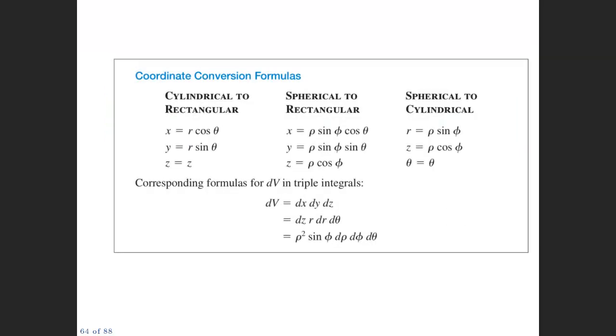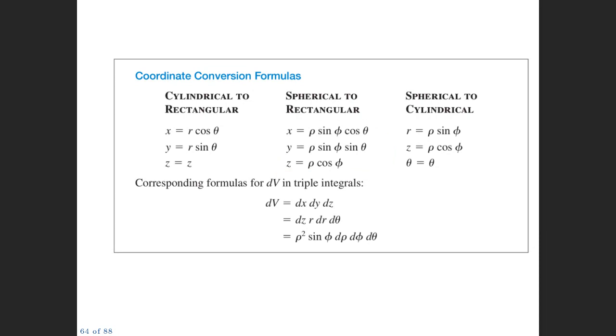Okay, just to finish this section, let's recap the important equations to remember. x is r cos theta, y is r sine theta, and z is equal to z. If we're doing spherical coordinates, x is rho sine phi cos theta, y is rho sine phi sine theta, and z is equal to rho cos phi.